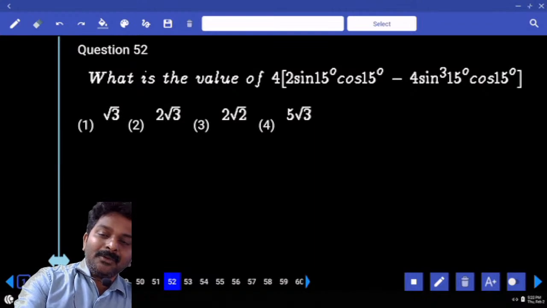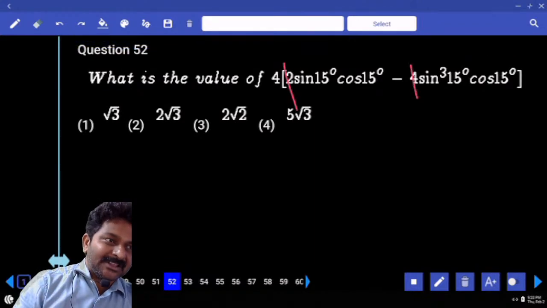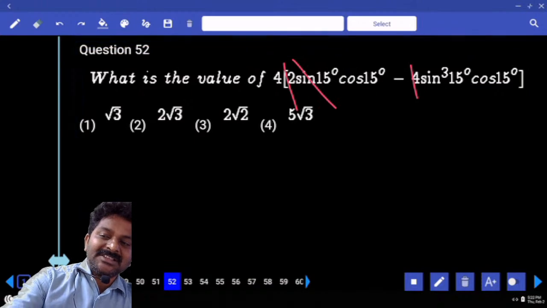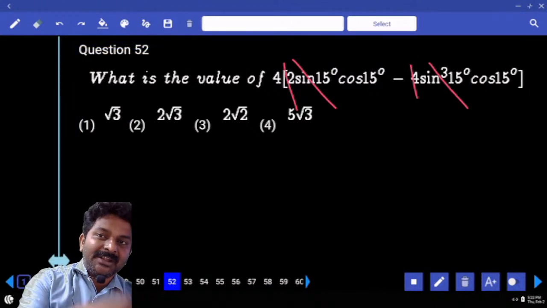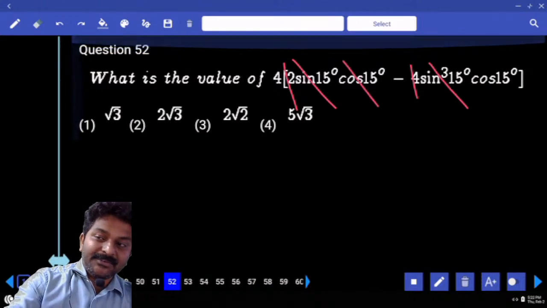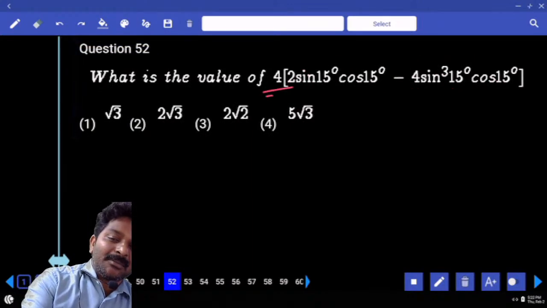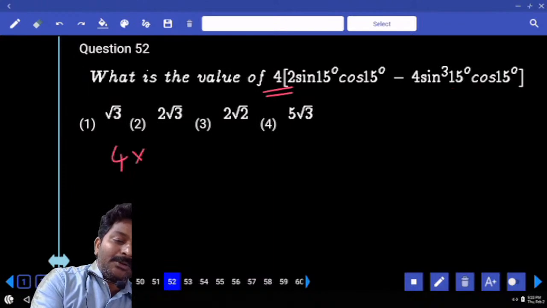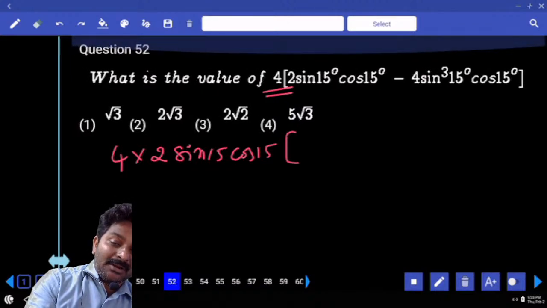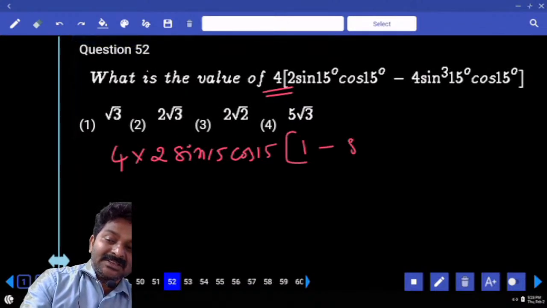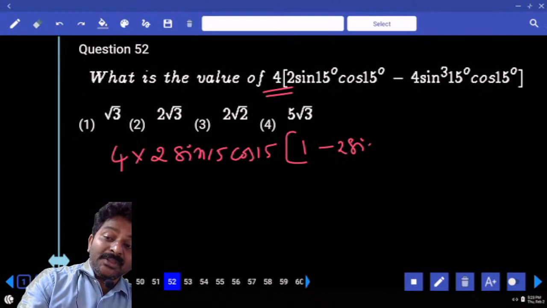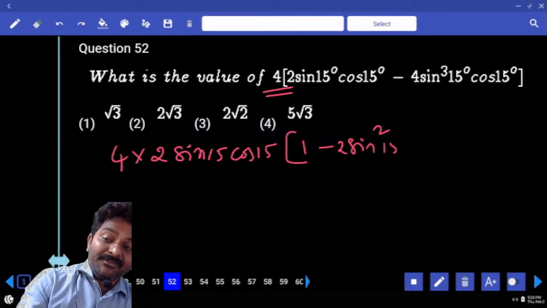Now here even number is there. Sin 15 is there, sin cube 15, so we can take sin 15 common. Cos 15 we can take common. Yes, already outside how much is there? 4 into I am taking 2 sin 15 cos 15 common, 1 minus 2 sin square 15.